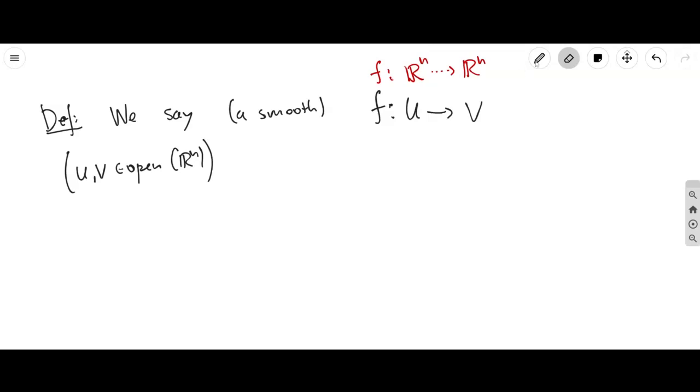So you would say that a smooth map is, and it's important to realize that the dimensions need to be the same here. We do not define orientation preserving with different dimensions, just like we do not do it with linear maps. Is orientation preserving?